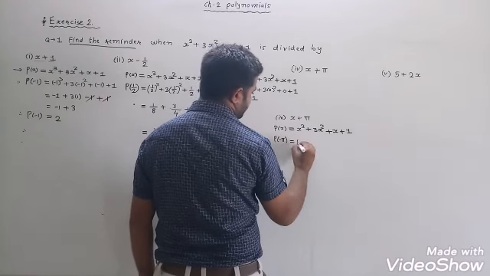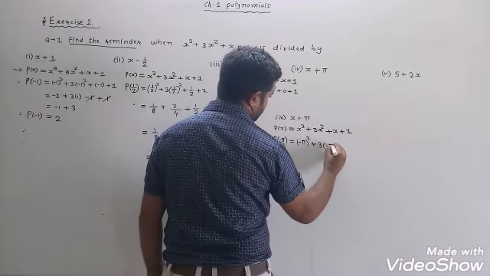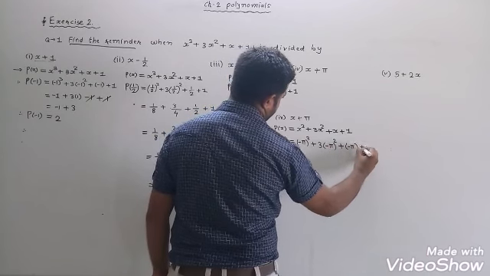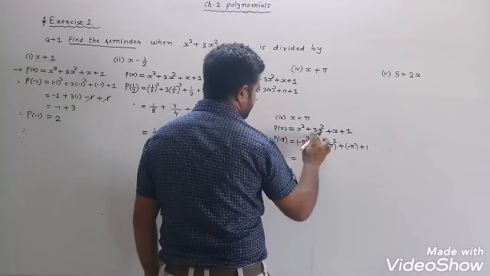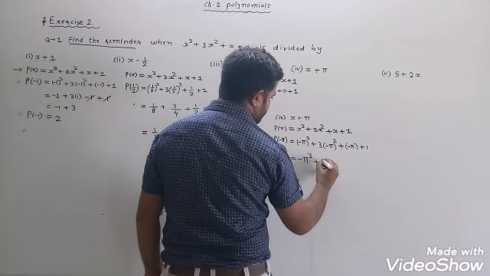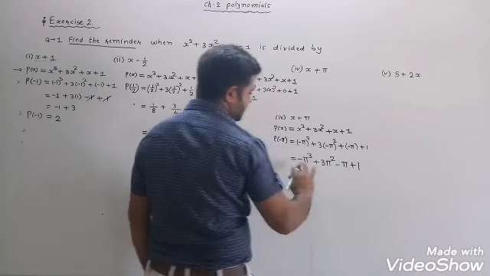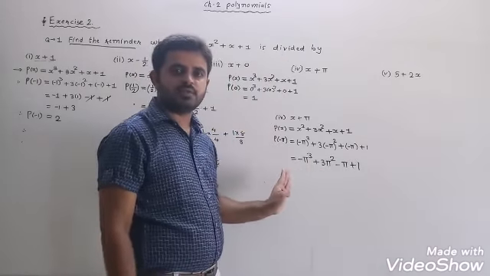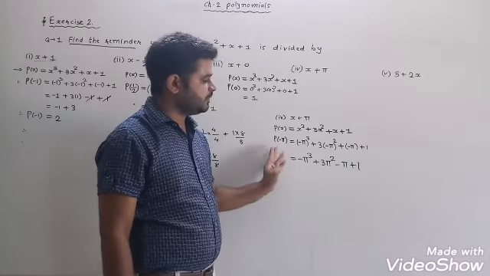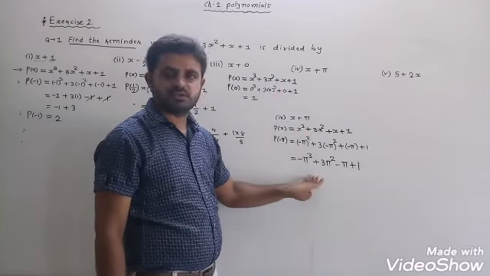So I have to put the value of x equal to minus pi. So minus pi cube plus 3 into minus pi square plus the value of x, minus pi, and plus 1. Minus pi cube stays the same, minus pi square becomes plus, so 3 pi square, plus minus pi plus 1. In this question we do not need to put the value of pi. So p of minus pi, if you divide this polynomial by x plus pi, then this is the remainder.